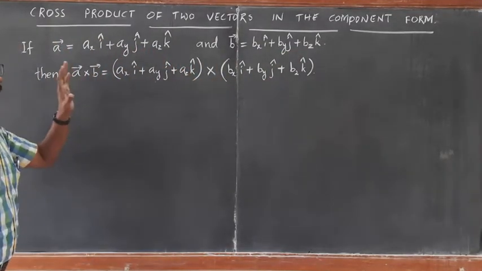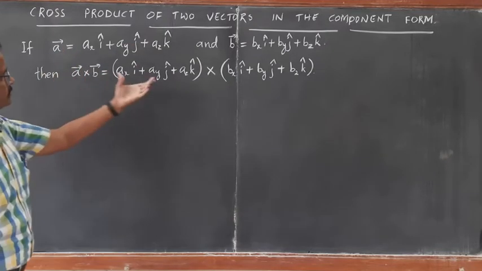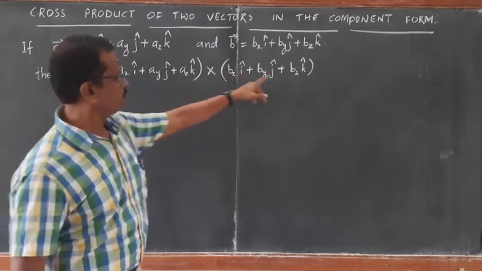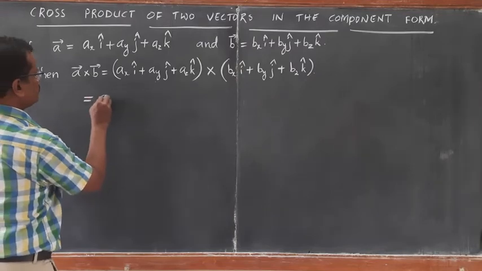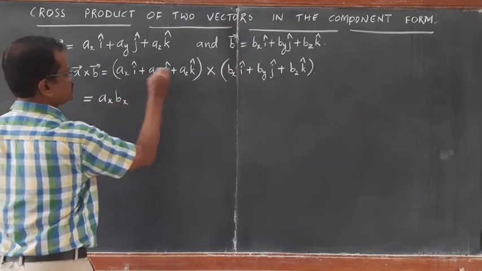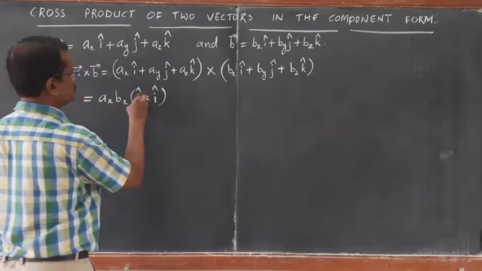If we want the cross product of these two vectors, write vector A, write vector B, vector A cross vector B. Then apply the distributive property. ax bx, i cross i. We know i cross i gives us 0.